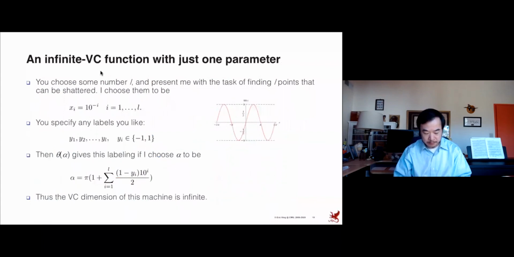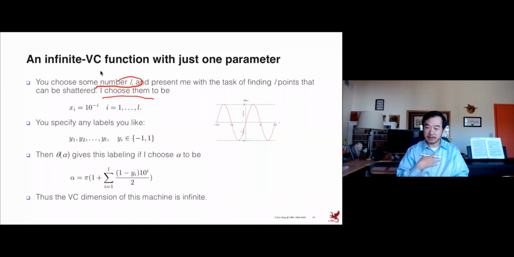So here is how you can convince yourself. Here's the game. You choose the number L. You basically say that you want to see whether I can shatter L points or not. Then I'm going to choose the L data points for you.